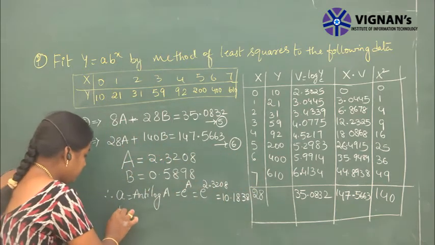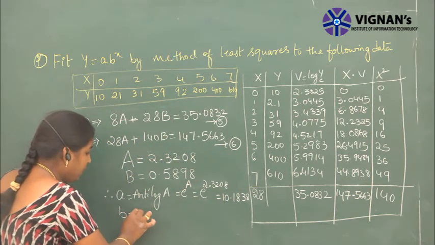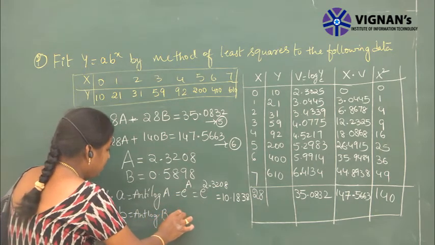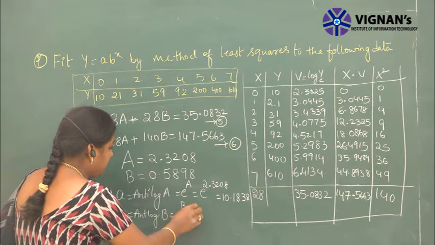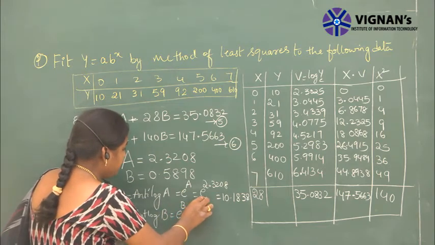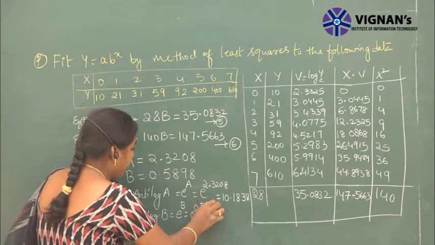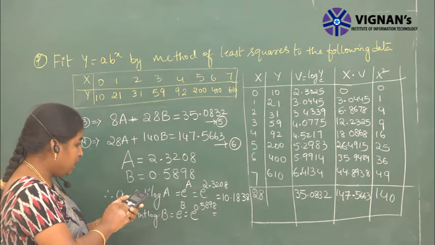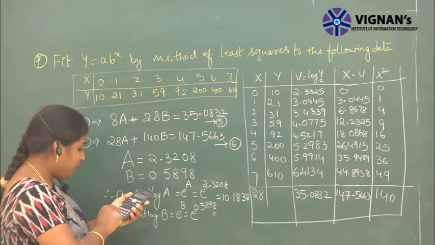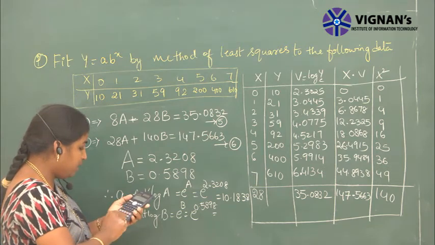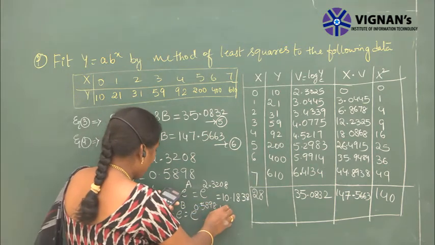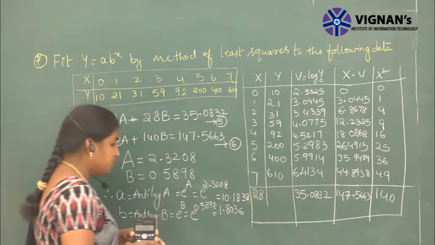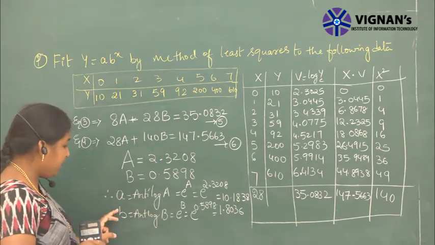Next, small b equals the anti-log of capital B, that is e power 0.5898. Using the calculator, we get 1.8036. So we get small a and small b.